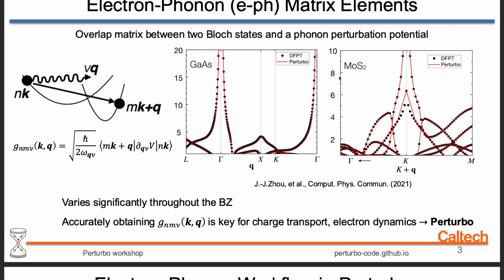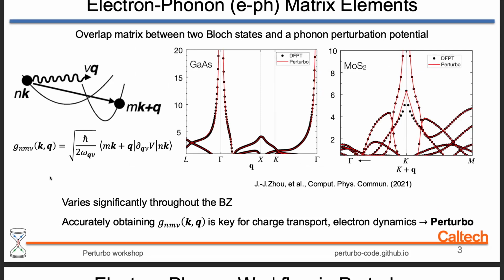Okay. So the electron-phonon coupling, you can think of it as a scattering amplitude between two electronic states from some phonon displacement. It's the overlap matrix, between two electronic states, of the perturbation potential from the phonon on the Kohn-Sham potential.